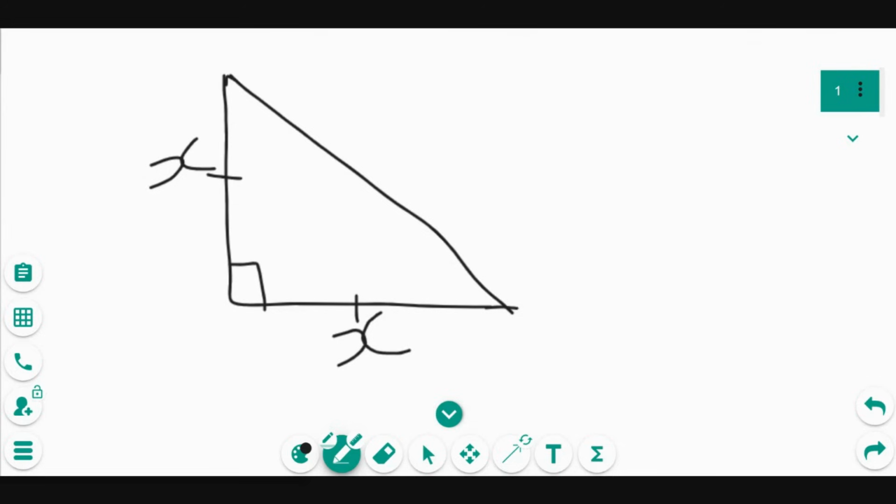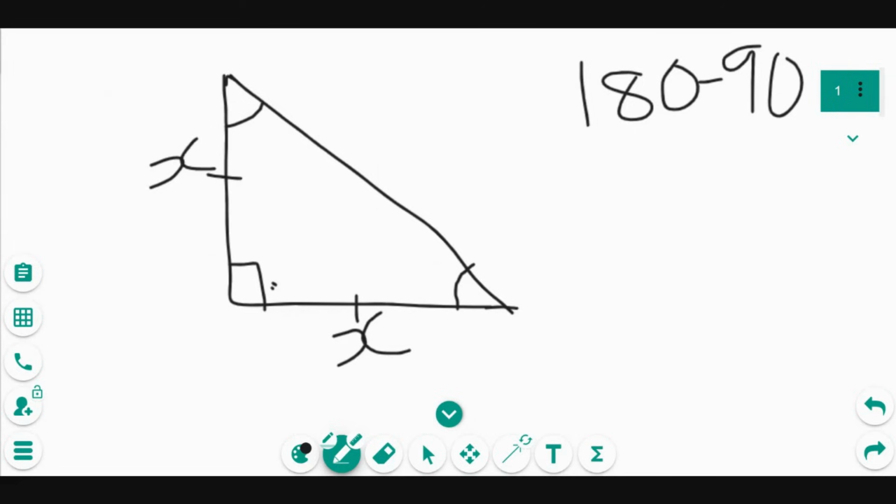Okay. Now, if the two sides are equal, even the two angles are going to be equal. Our total angle sum is 180. We already have a 90 here that is giving us a right angle.